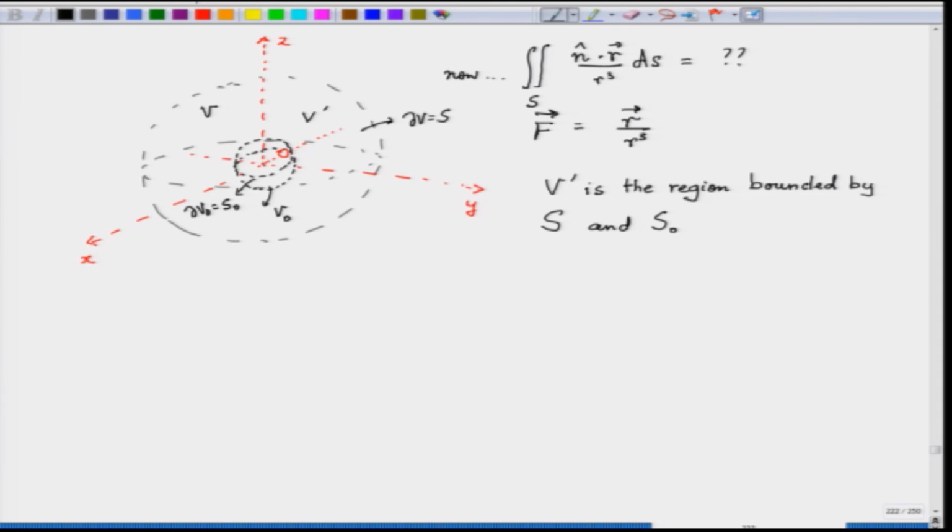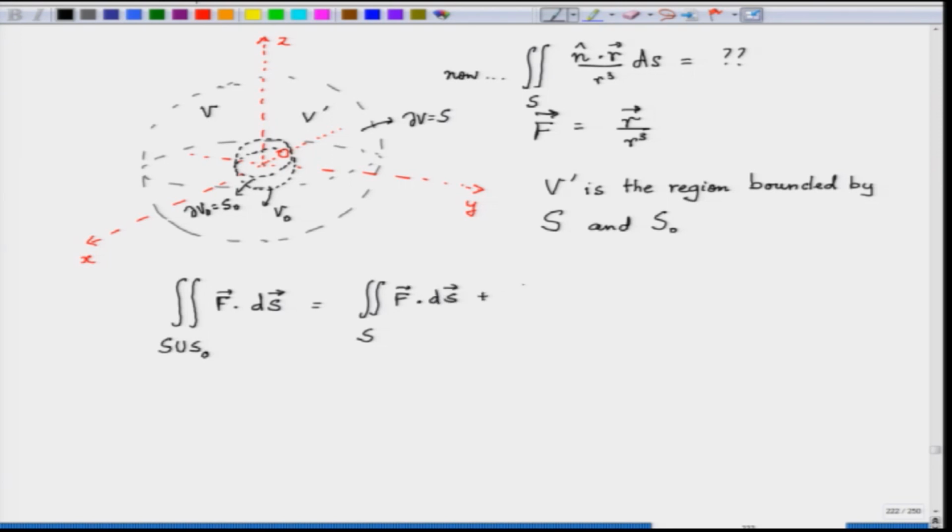Now, I want to integrate. If I want to talk about the integral over both S union S naught of f dot ds, then this is actually a sum over S f dot ds and over S naught, because these are two disjoint surfaces.